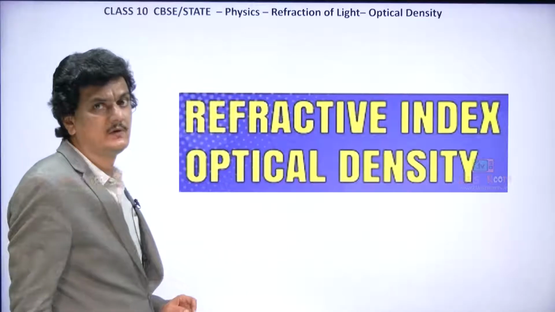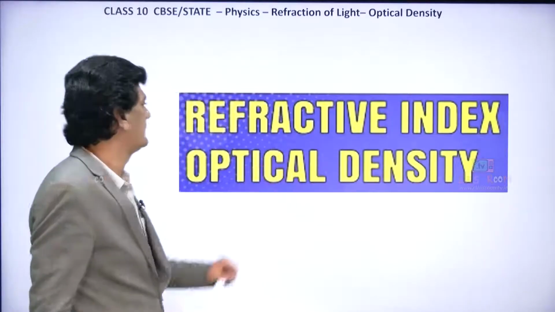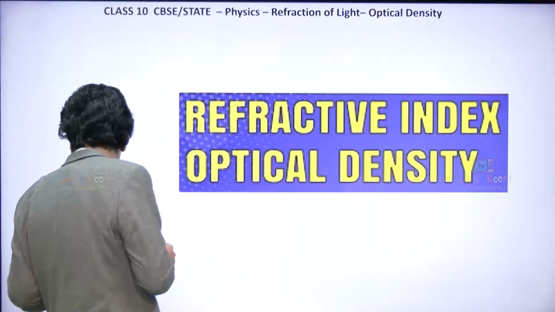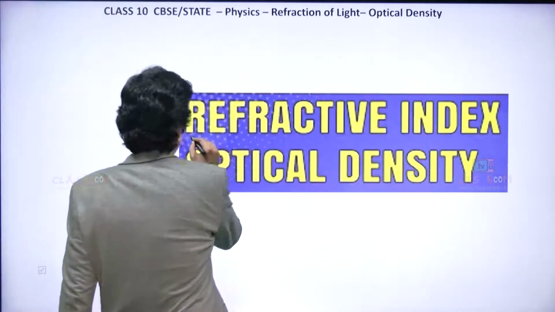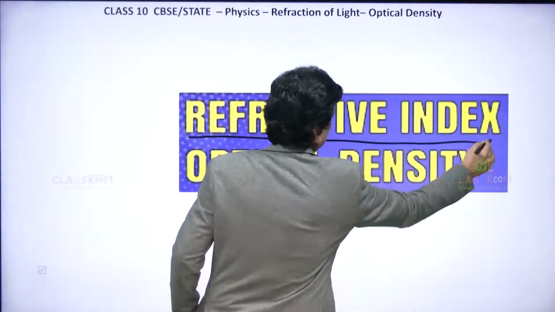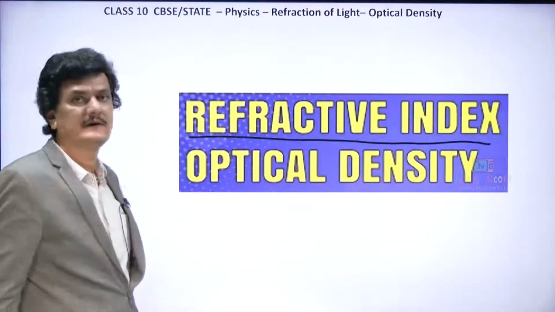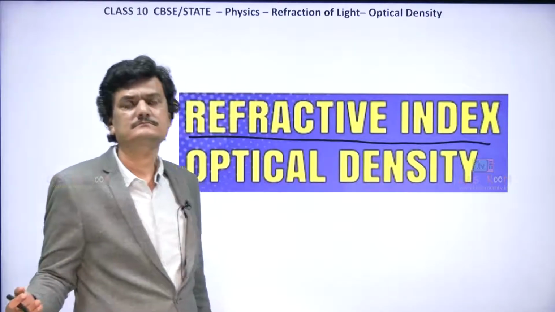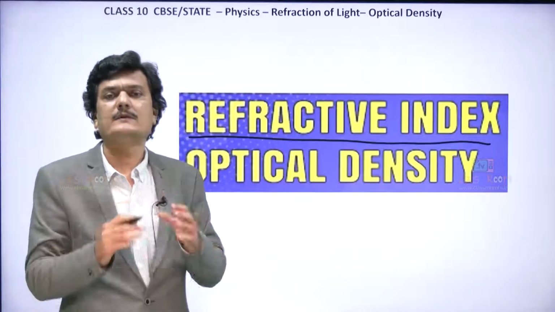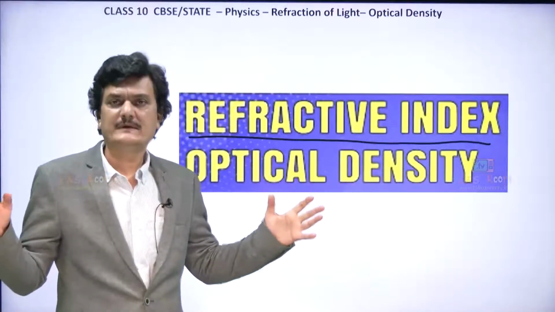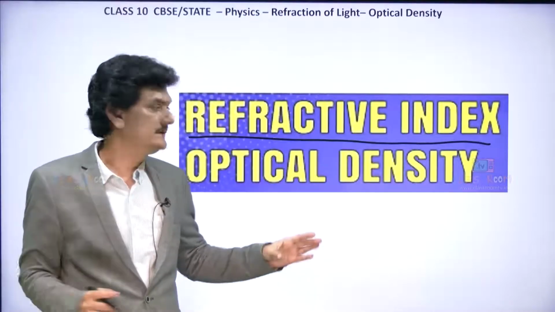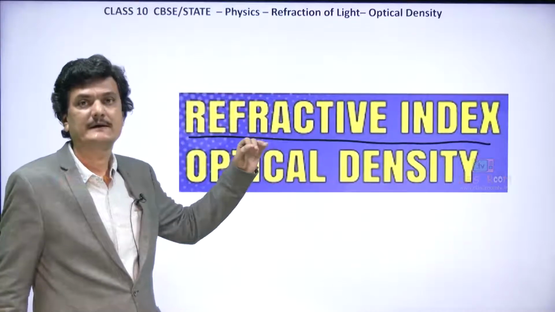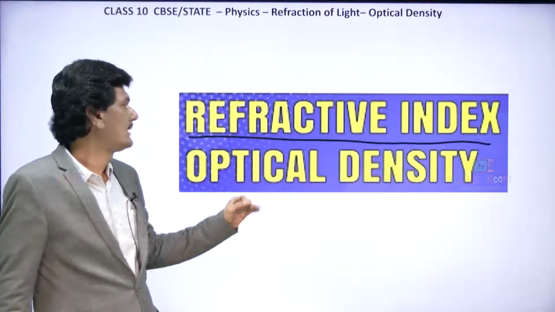There is a term called refractive index. Please have a look at this term, refractive index. It is a measure of optical density. Like we measure different physical quantities differently, in the same way the measure of optical density is given by refractive index. Now, look at the term refractive index.